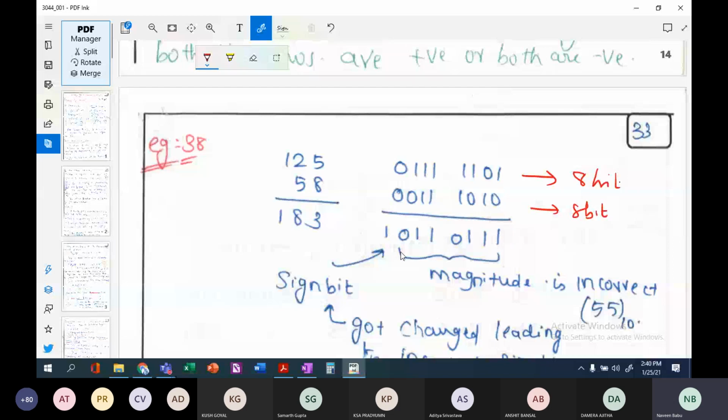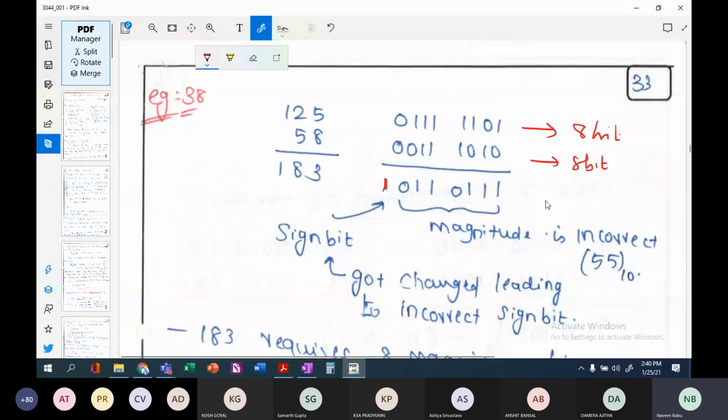When you add the magnitude part, in addition to the magnitude part you are getting one sign bit also. Here the sign bit is 1, and what is the equivalent magnitude? This magnitude corresponds to 55.